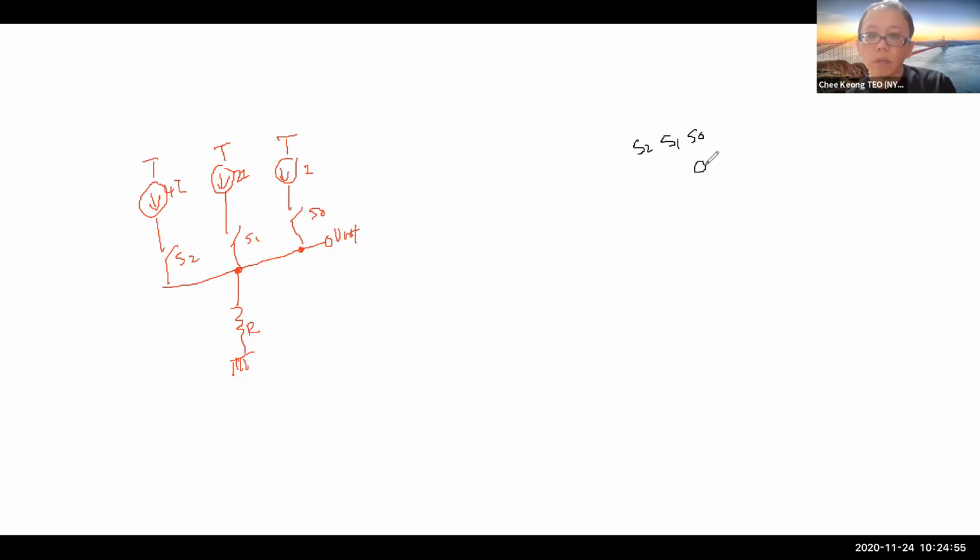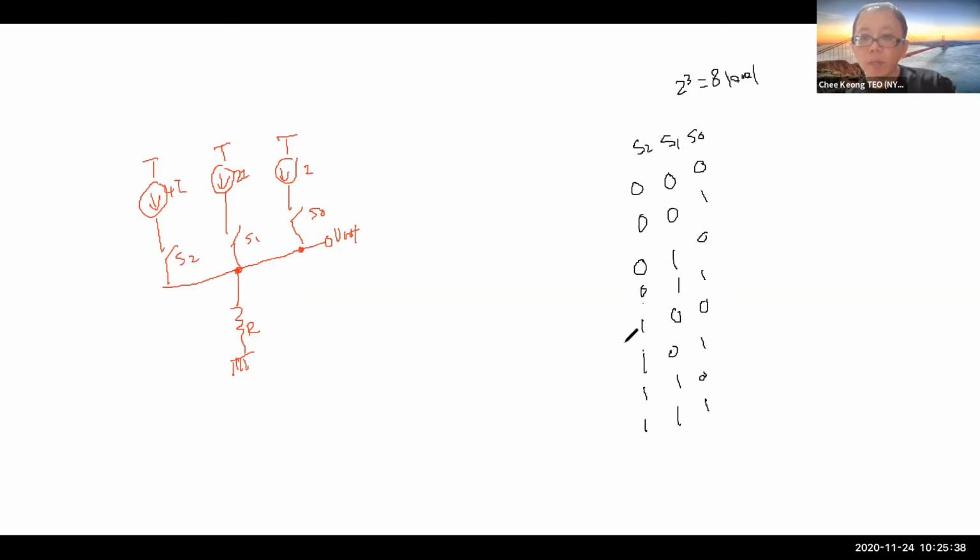The bits go 0, 1, 0, 1, 0, 1, 0, 1 for the first one, then 0, 0, 1, 1, 0, 0, 1, 1 for the next, and 0, 0, 0, 0, 1, 1, 1, 1 for the last. So 2 to the power of 3 gives you 8 possible levels.